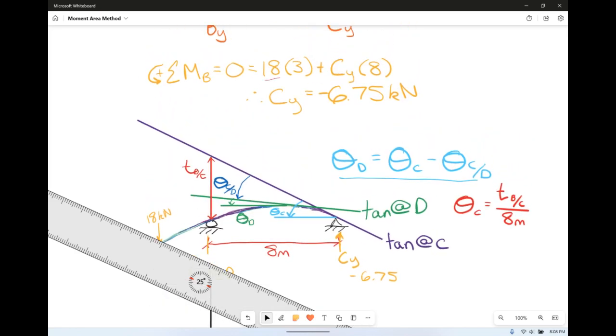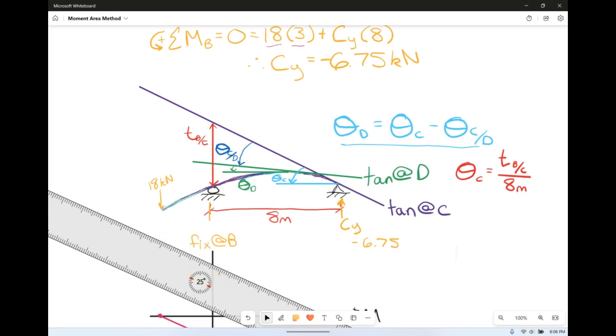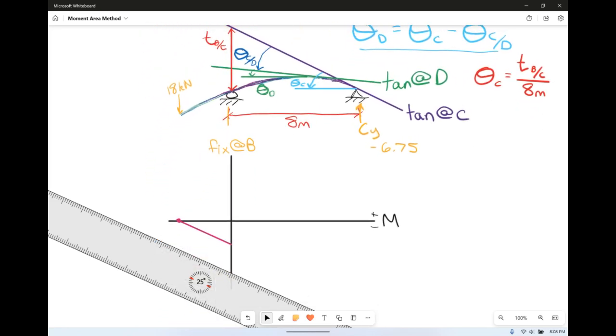P times L is the moment. That's where that came from, in case you're wondering. So 18 times 3 is actually going to be 54. And we are going down, so it is negative 54.